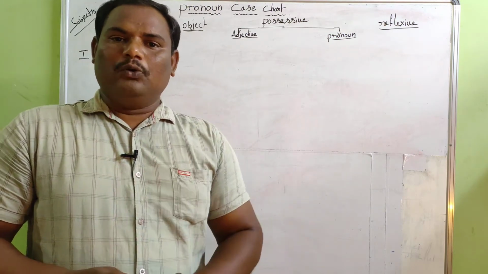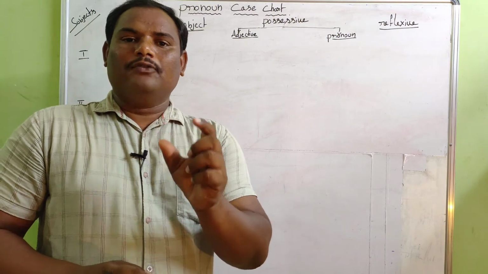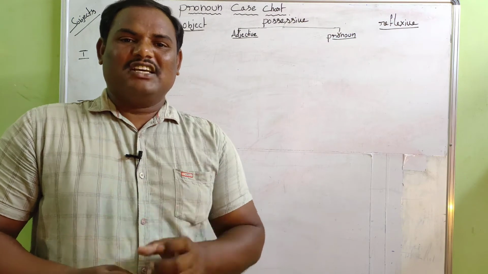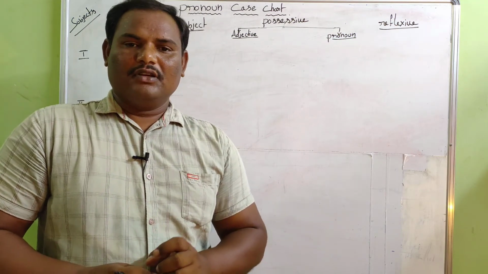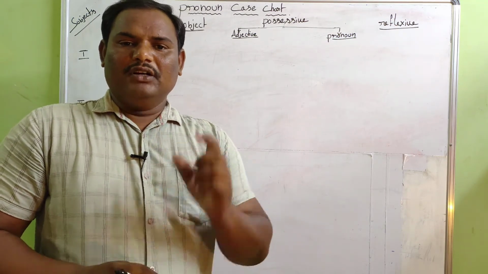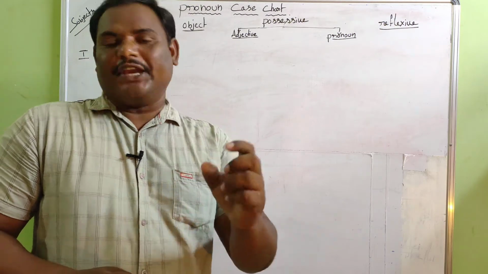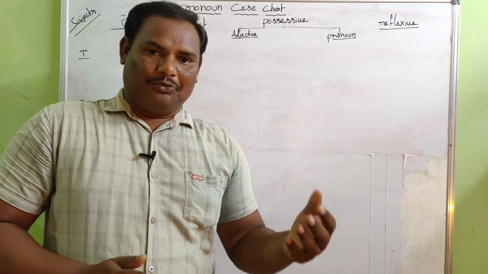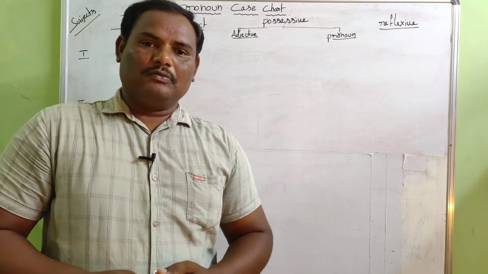Under second person, we get only one pronoun, you. Under third person, we get pronouns like he, she, it, and they. We also have another element, any noun, but it is a noun, not a pronoun.